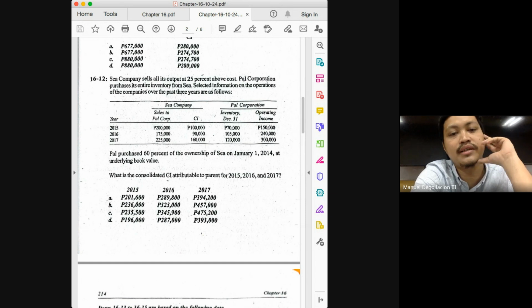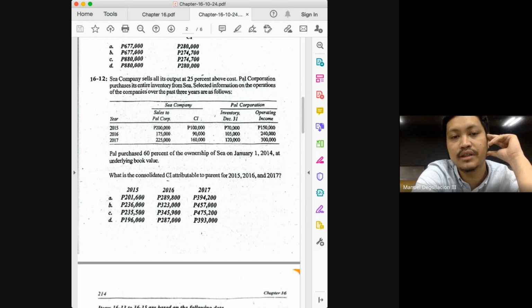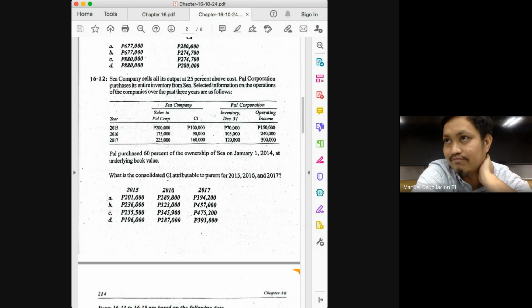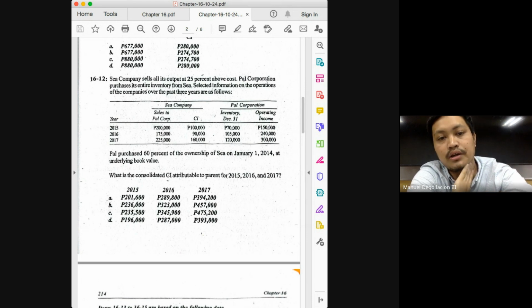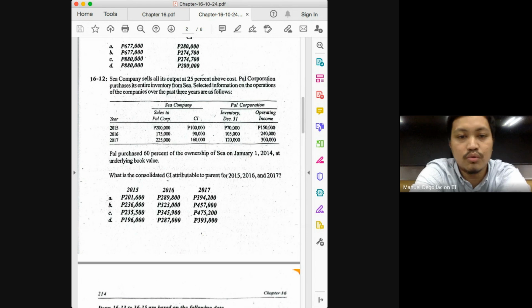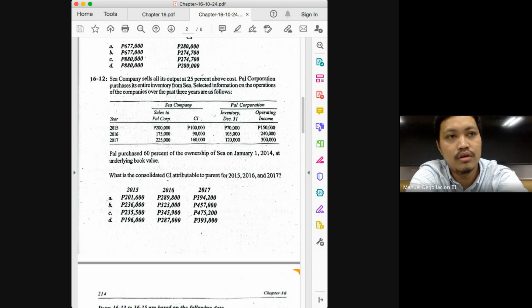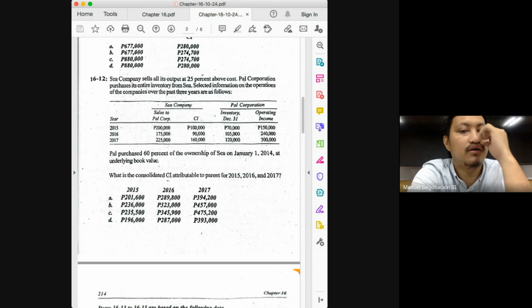So the share of the NCI in the adjusted income of the subsidiary is 40% of 83,000, which is how much? 33,200. Remove that from the 323. 323 minus 33,200 will give you an income attributable to the parent in the amount of 289,800.